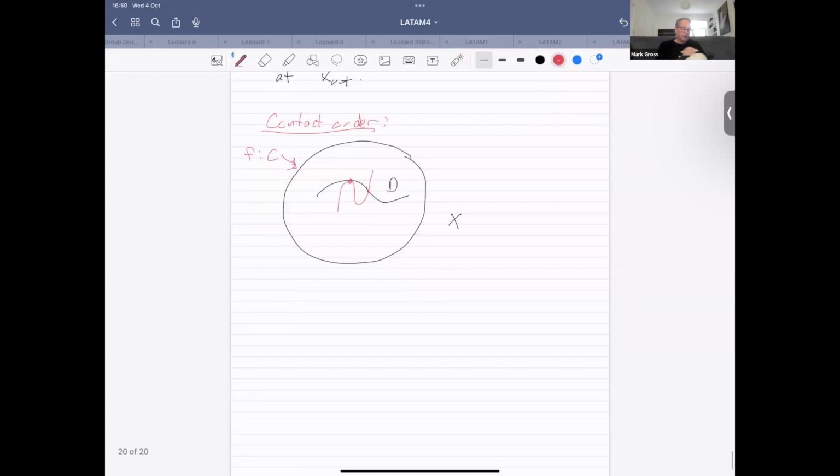And how do we define that? So if x in C is a marked point, and f of x is in D, let t equal 0 be a local equation for D at f of x.